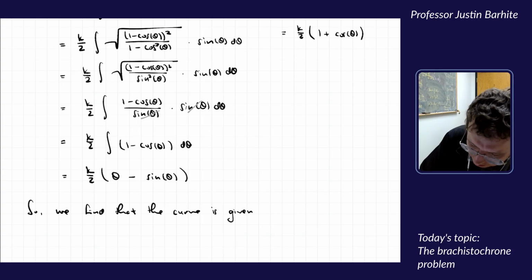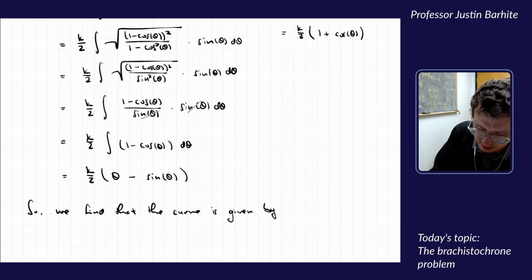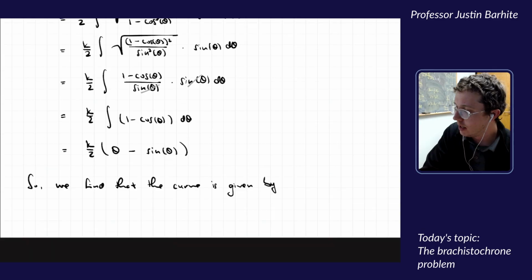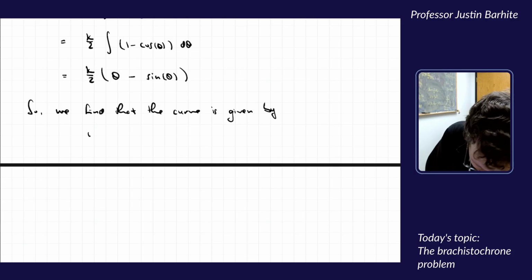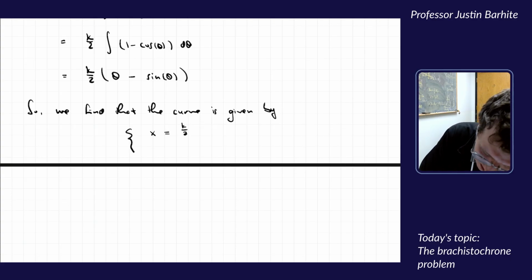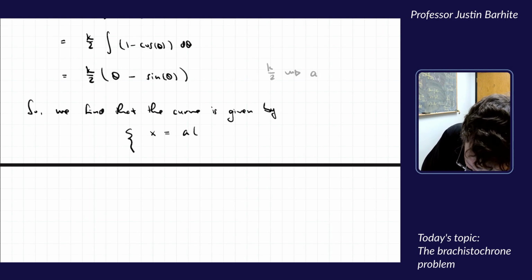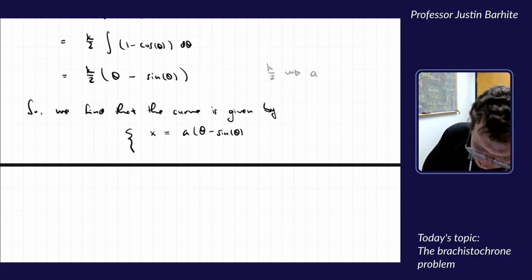But this interesting thing has happened, which is that because we made this substitution involving theta, we now actually have a parameterized curve, which is that x equals k over 2. And you know what? I'm just going to write a instead of k over 2. It's just a different constant. So x is a times theta minus sine theta. And you know what?